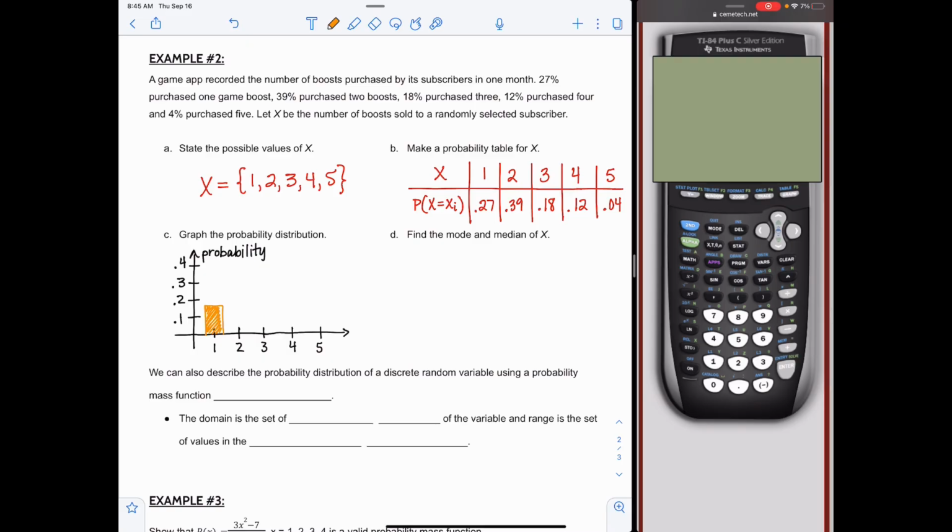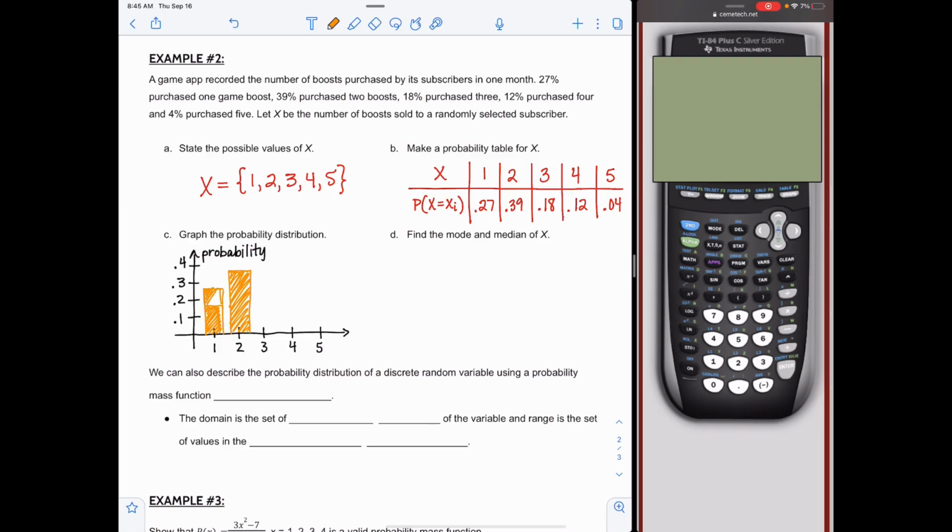Then we have 0.39, which is almost 0.4, for 2. 3 is 0.18. And excuse me, let me correct this here. 0.27 for 1 should be here.